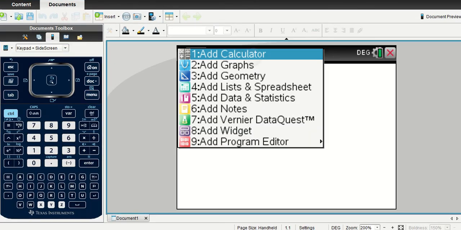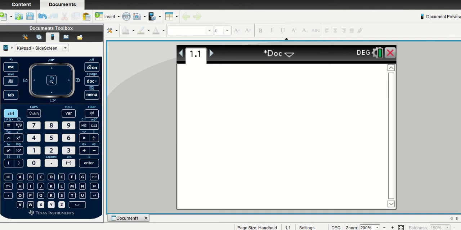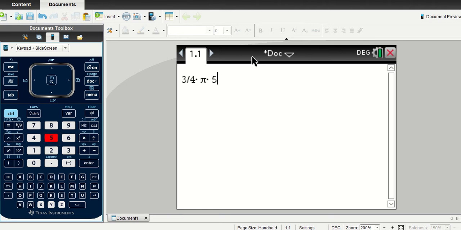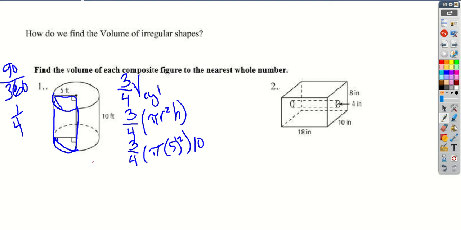Calculator. So 3/4 times pi times 5 squared times 10. We end up with 589 to the nearest whole number. And this would be feet cubed, and that is our volume.